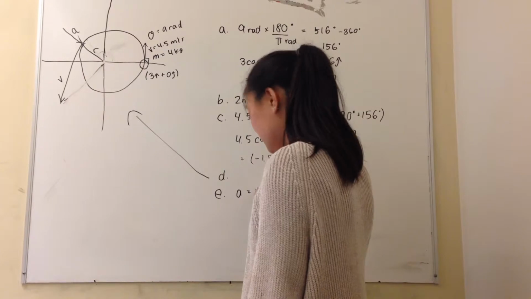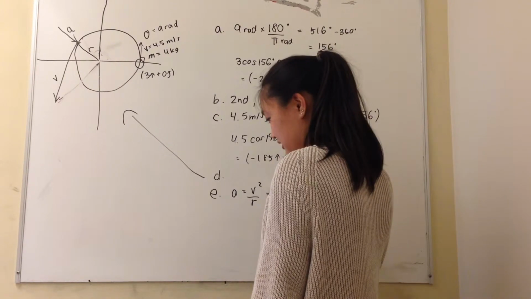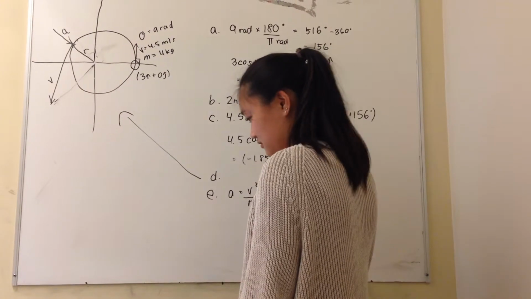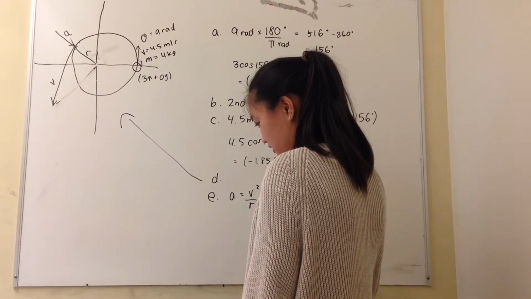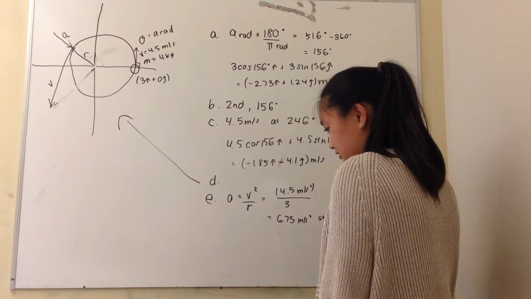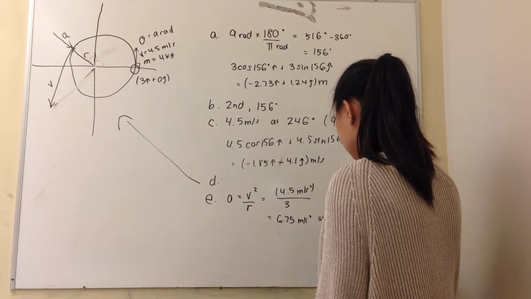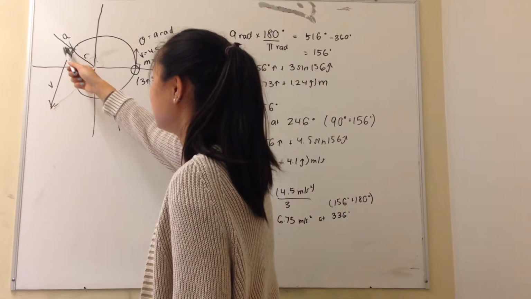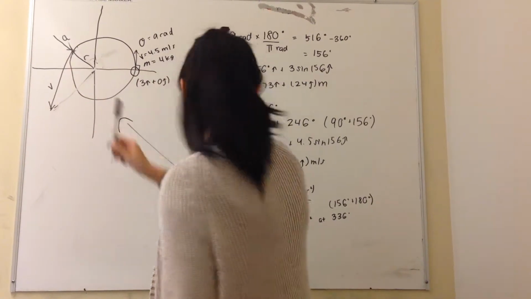I said a equals v squared over r, so that's 4.5 squared over 3, which gives 6.75 meters per second squared at 336, which is 156 plus 180 degrees, because it's pointing on this side, and this is where the angle would be.